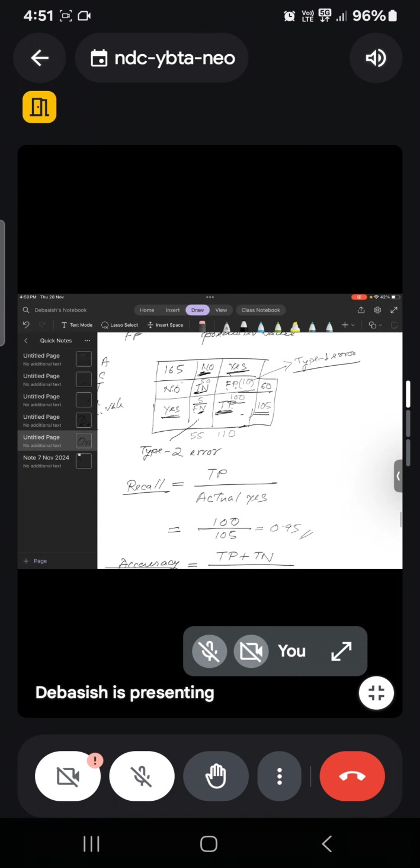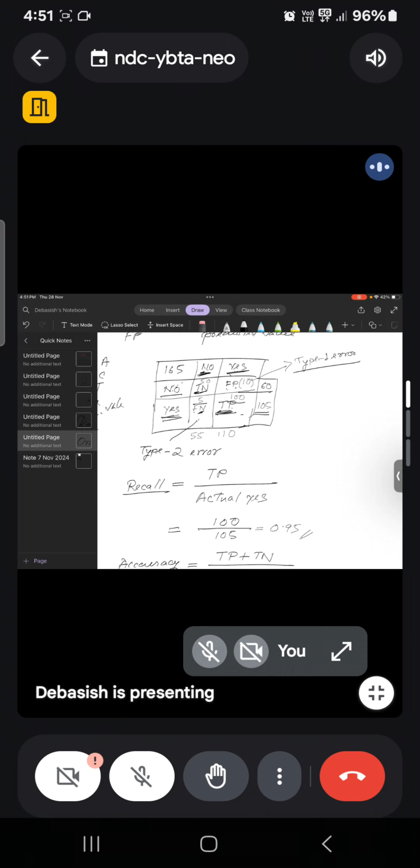And TN means how it is correctly predicting true positive and true negative. If you don't have the pox, how is it correctly predicting that you don't have the pox? So it is 50. True negative means you don't have the pox. If you have the pox, yes, that is true positive.